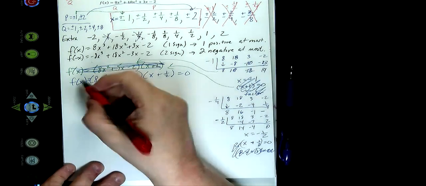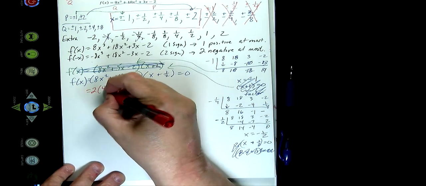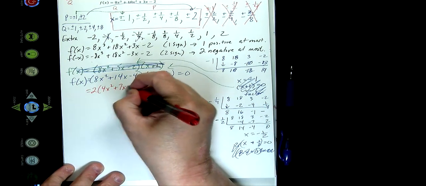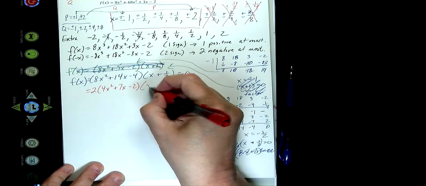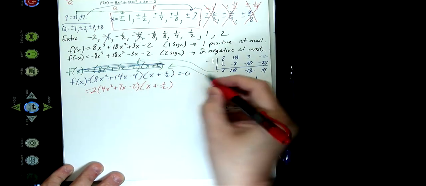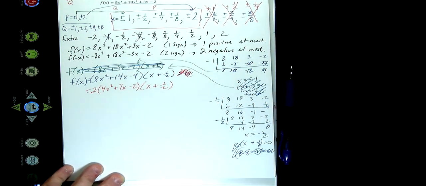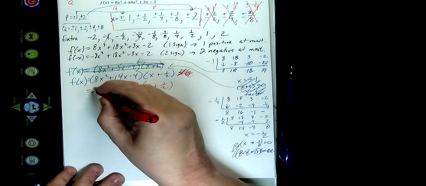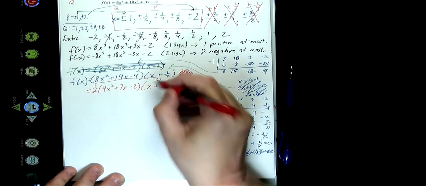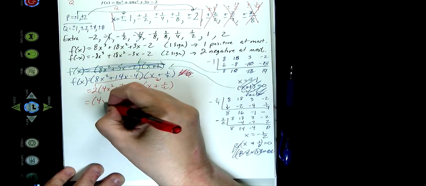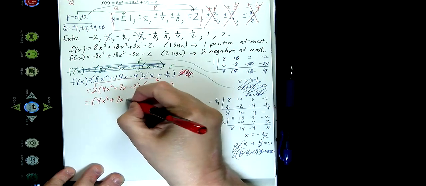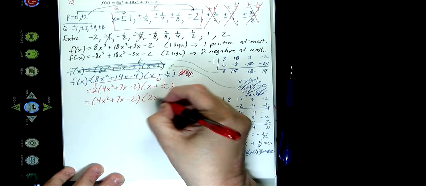This is 2 times 4x squared plus 7x minus 2. And then I've got x plus 1/2. I don't need the equals 0, that wasn't part of it. And I'm going to take the 2 and multiply it in there, and I've got 4x squared plus 7x minus 2 times 2x plus 1.